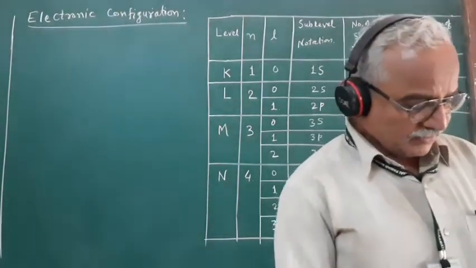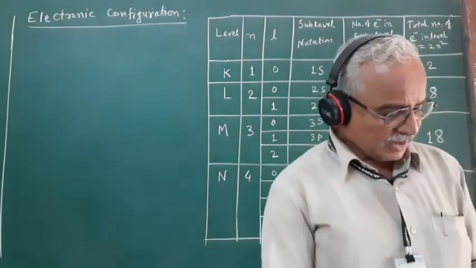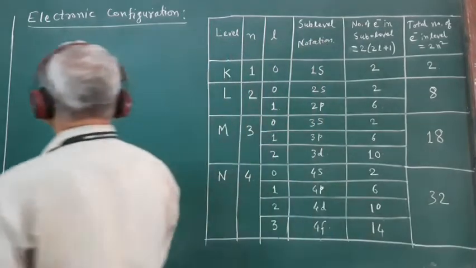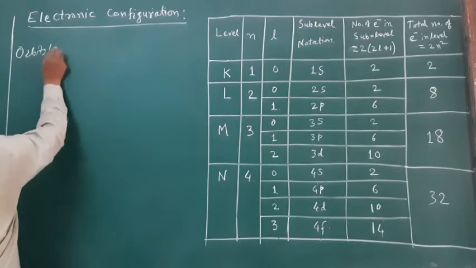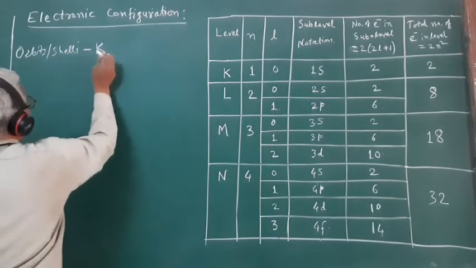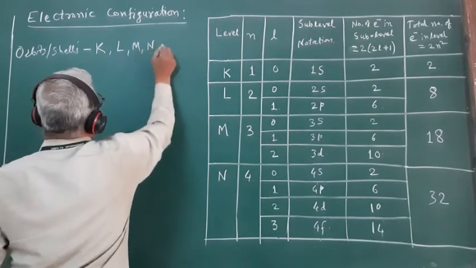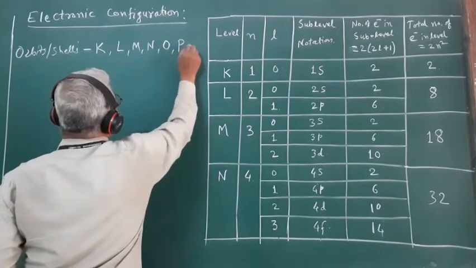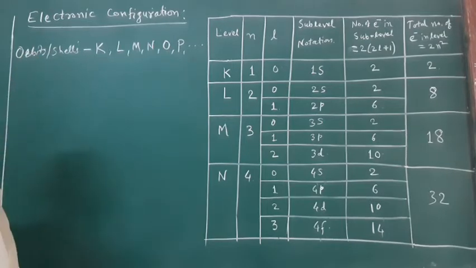As we know, the electron orbits or shells in an atom are represented by the capital letters K, L, M, N, O, P, etc. This is how the orbits or the shells in an atom are represented.